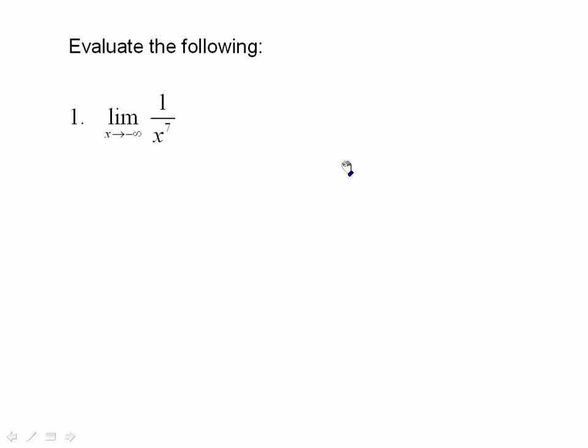Anyways, here we have the limit of 1 over x to the 7 as x approaches negative infinity. Now this means x decreases without bound. And the nature of this problem is we end up getting, you can set up a table of values if you want. Always works if you don't see what's going on.